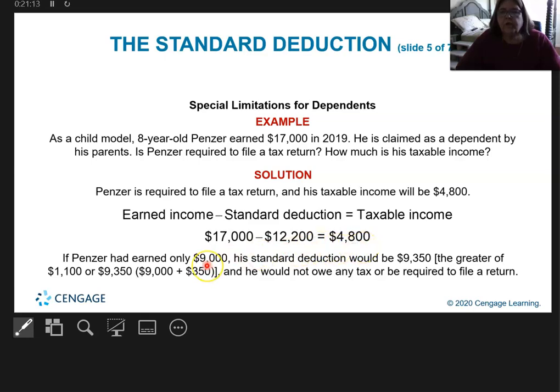Had he only earned $9,000, his standard deduction would be $9,350, because it would be $9,000 plus the $350 we talked about just previously. Okay, so these are just examples of how to apply this.